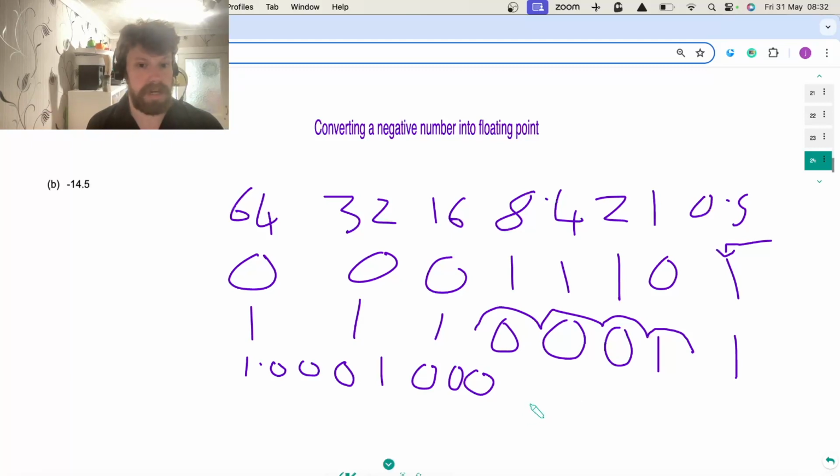So that is going to tell us that we need to have an exponent which is going to be 4. So that is going to be 0, 1, 0, 0, which is the exponent, now 4. And then we've got a mantissa which is like that. And that's how you convert a negative number into floating point.